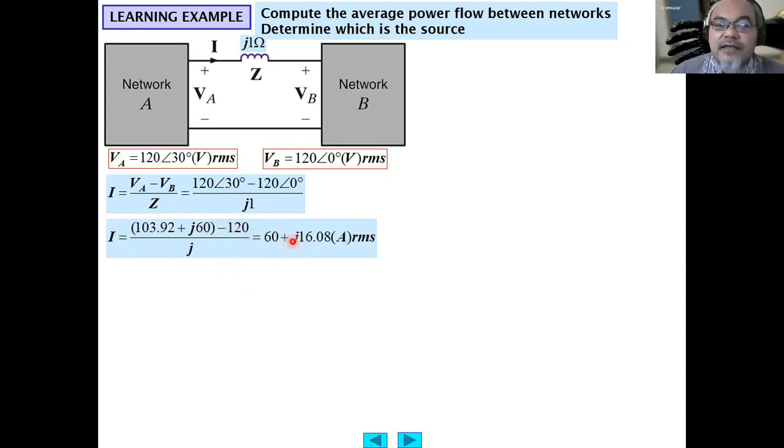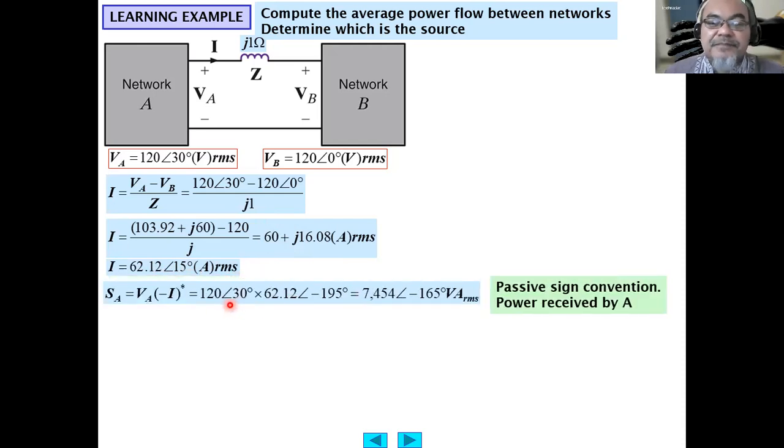Then divided by j, you multiply by j over j, and it becomes j plus 16.08 ampere RMS. In phasor format, this equals 62.12 with a phase angle of 15 degrees ampere RMS.